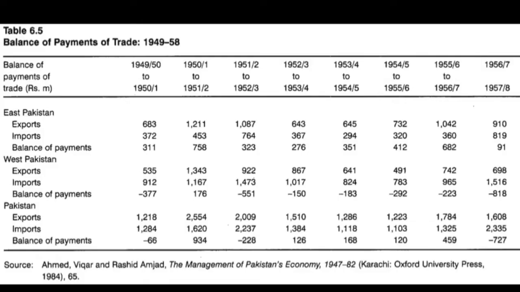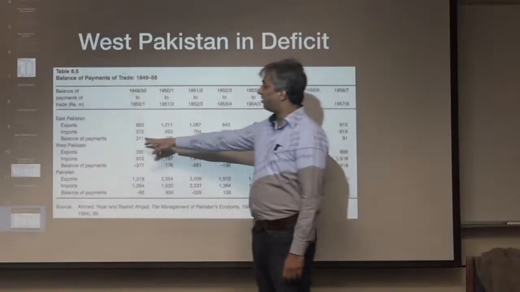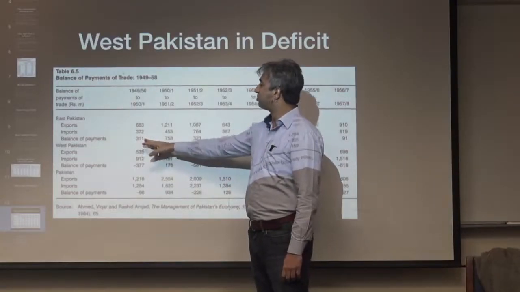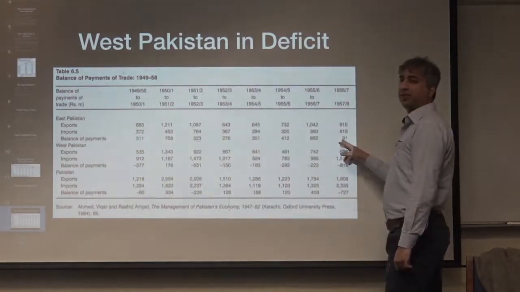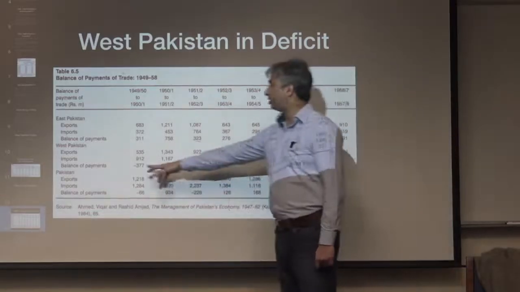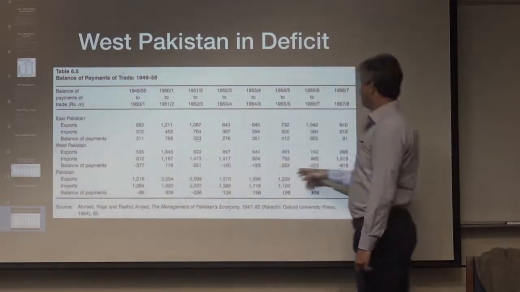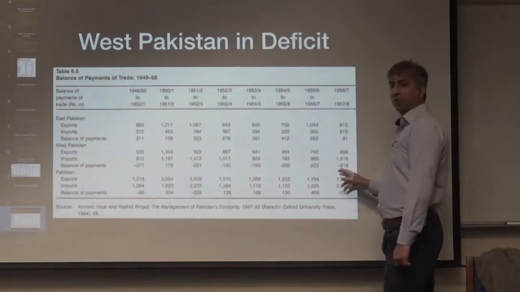Here are some examples of the surplus and deficit that you can see. This is Pakistan's overall balance of payments, East Pakistan's balance of payments, and West Pakistan's balance of payments. Throughout, you can see that East Pakistan is in surplus. It is selling more than it is importing. And nearly throughout, you can see that West Pakistan is in deficit. It is buying more than it is selling on the international market.